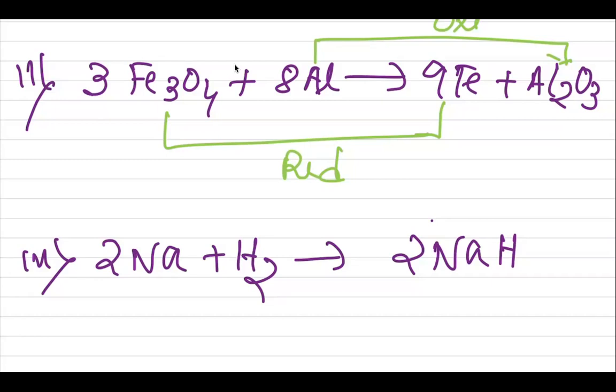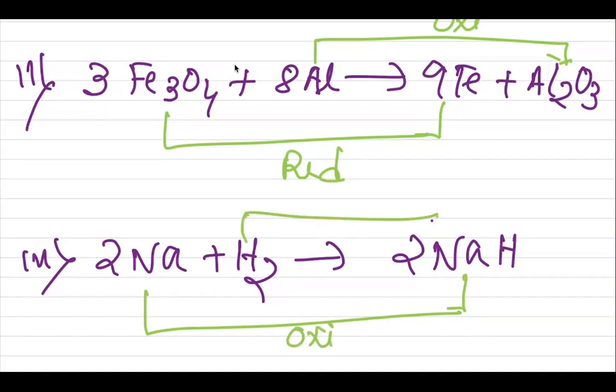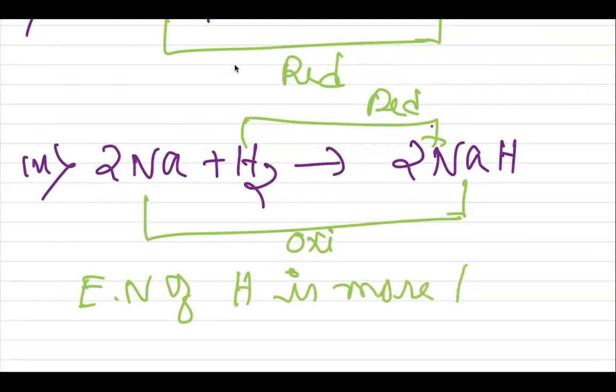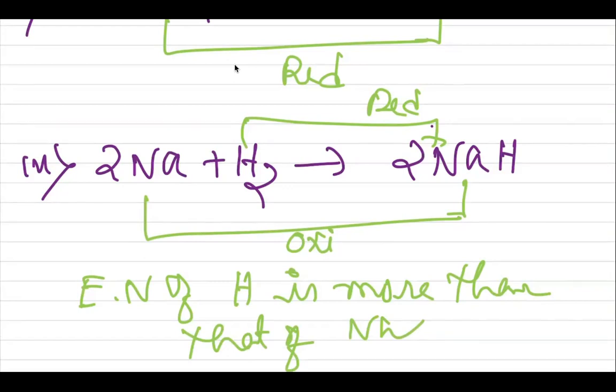So if we consider this reaction, sodium to sodium hydride, an electronegative atom is added, which means oxidation, and hydrogen will be reduction, because the electronegativity of hydrogen is more than that of sodium. Clear?